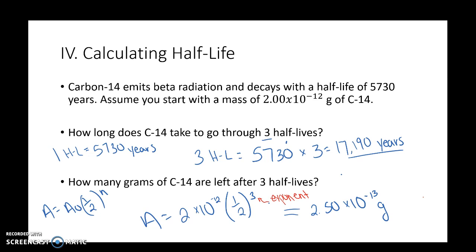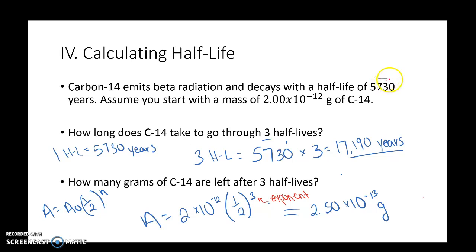So it says carbon-14 emits beta radiation and decays with a half-life of 5,730 years. Assume you start with a mass of 2 times 10 to the negative 12th grams. Okay, so first thing that we could ask you is, how long does carbon-14 take to go through 3 half-lives?